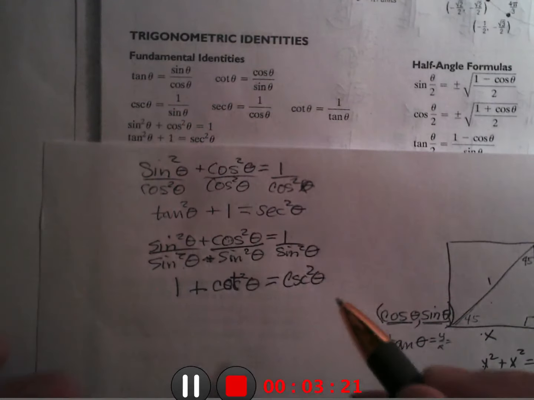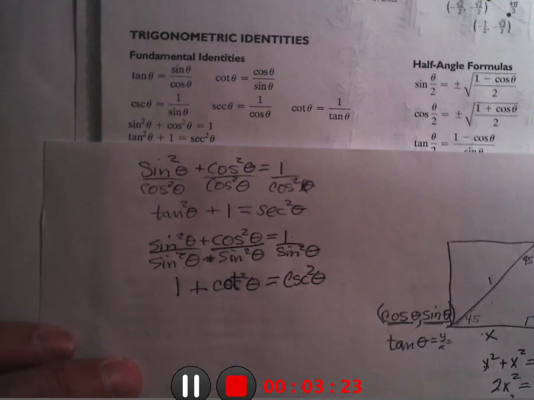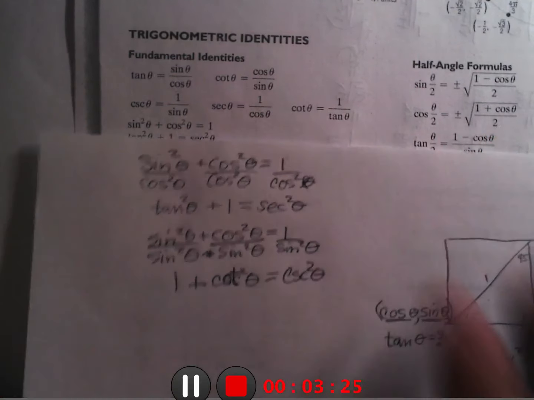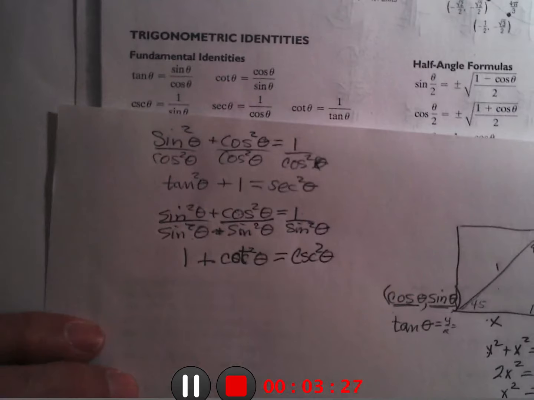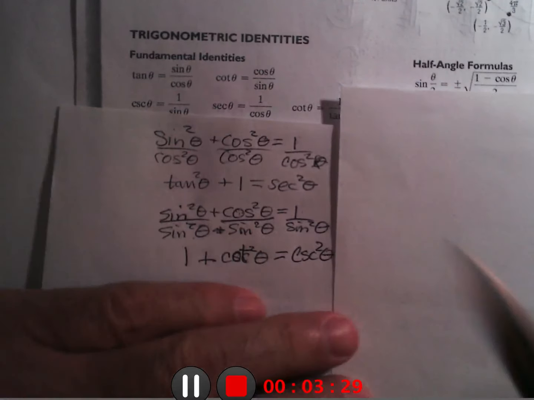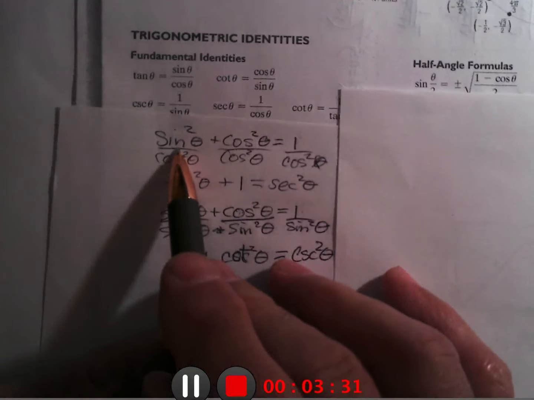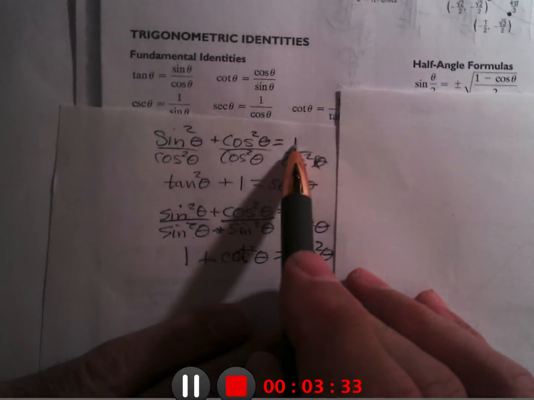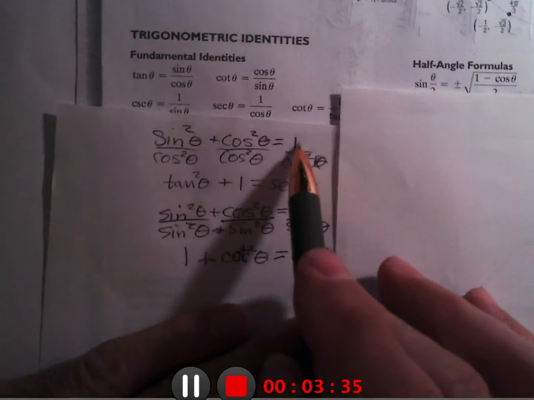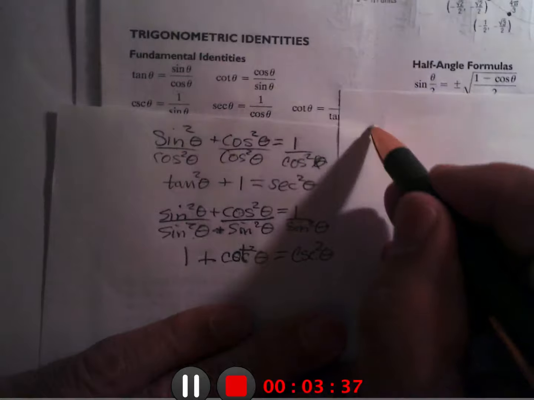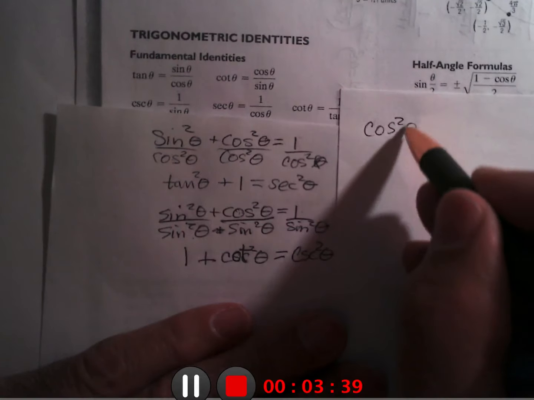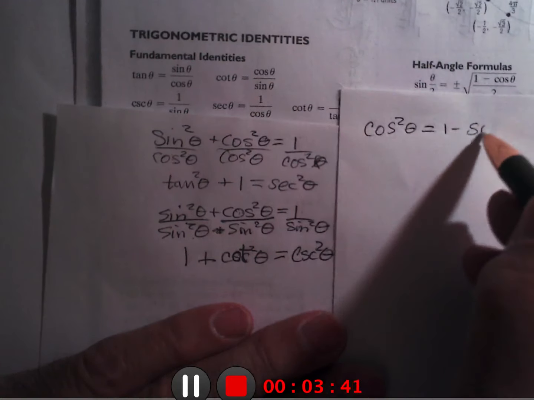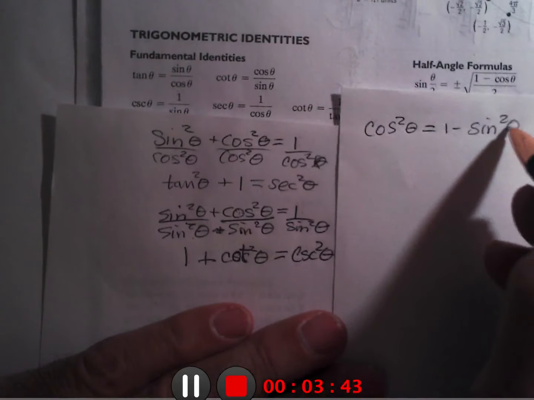Now, we can take these and do all kinds of work on them. For instance, if I have sine squared plus cosine squared equals 1, if I subtract sine squared from both sides, I would get cosine squared theta equals 1 minus sine squared theta. And this can factor.